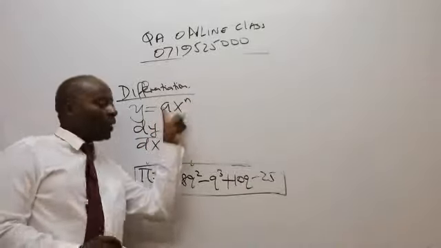At the end of the day, I will differentiate one term at a time. The 6 comes down times 10. That gives us 60. X raised to a reduced power. 60x raised to power 5.